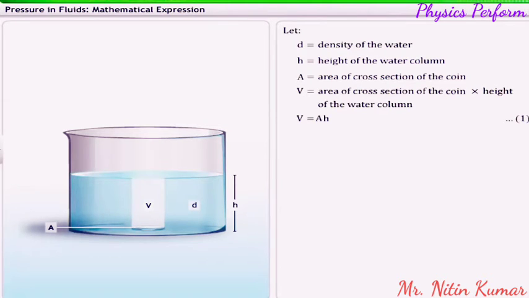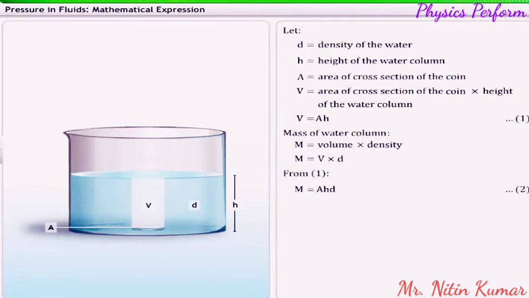Volume V is equal to A multiplied by h. The mass of the water in the column, M, is the product of the volume of the water and its density. Thus, M is equal to V multiplied by D. Substituting equation 1 in the expression for mass, you get equation 2. That is, M is equal to the product of A, h, and D.